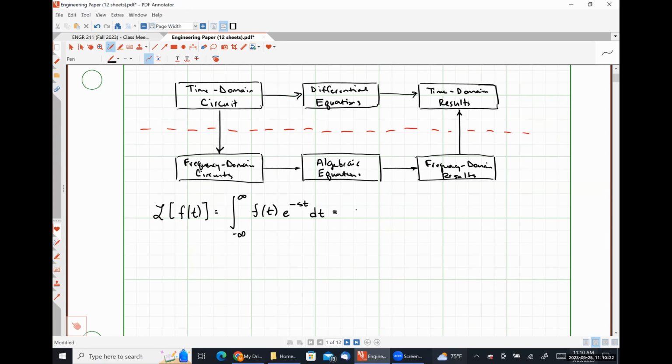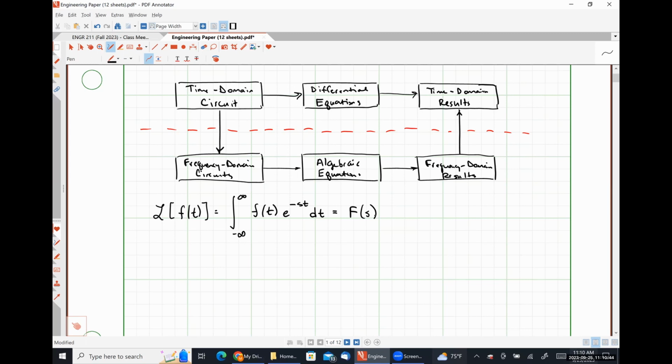And we're going to call this transform capital F as a function of s. So on the left-hand side, we have time domain. This is our method of going from the time domain into the S domain, and then our result of this operation is a function in the S domain.